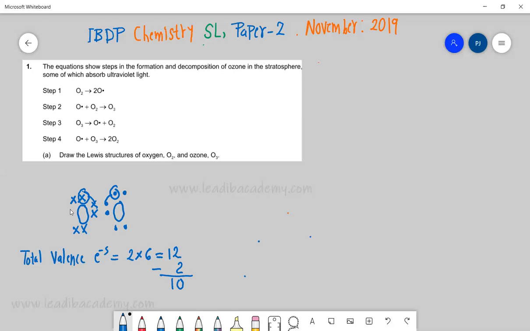So that is getting converted into oxygen. Each oxygen is having 2 lone pairs.